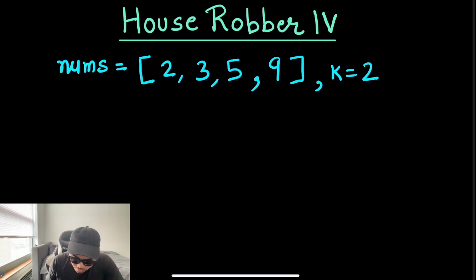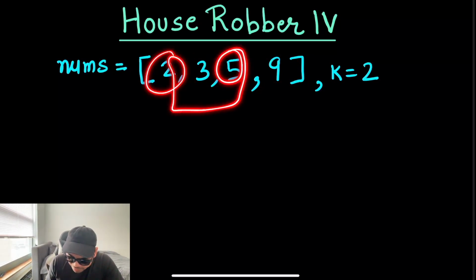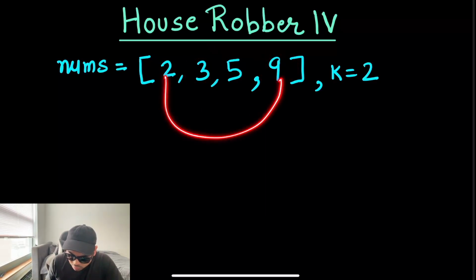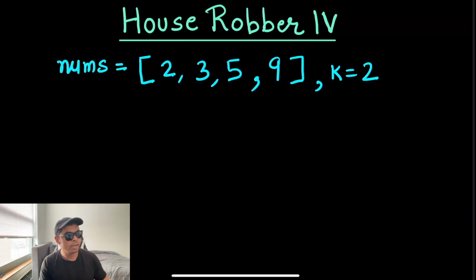So what could be the pairs? This could be one pair, this could be one pair, these 2 could be a pair, these 2 could be a pair, these 2 could be a pair. Now what do you think?